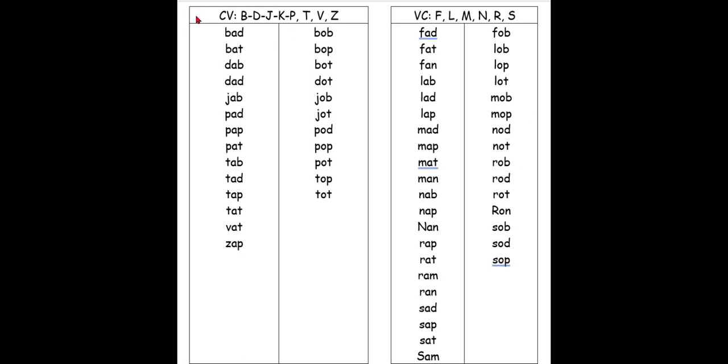Here is a list of acrophonic CV words that contain the vowel A and O. Here is a list of words that contain the vowel letters A and O, along with acrophonic VC letters and acrophonic CV letters.